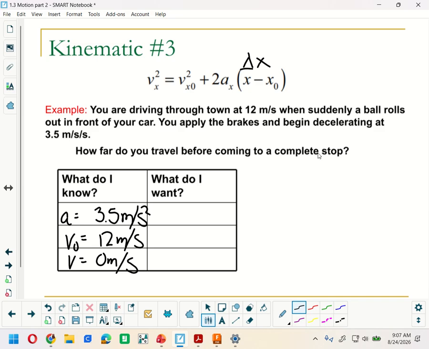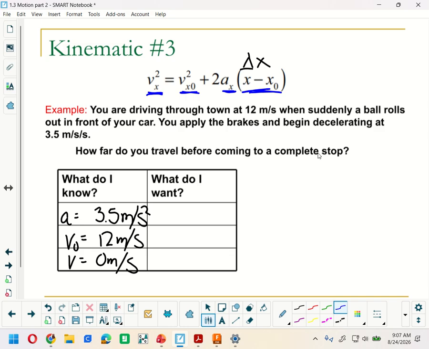So we go through and identify everything that we need and everything that we have. On this one, the formula is already on the board. My ending velocity, my initial velocity, my acceleration, and my change in x, my delta x.